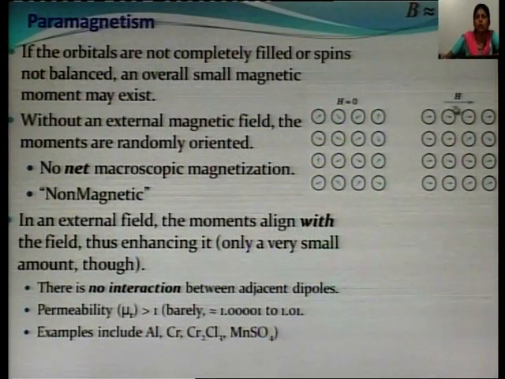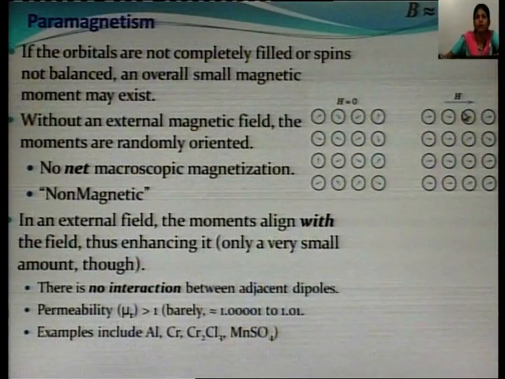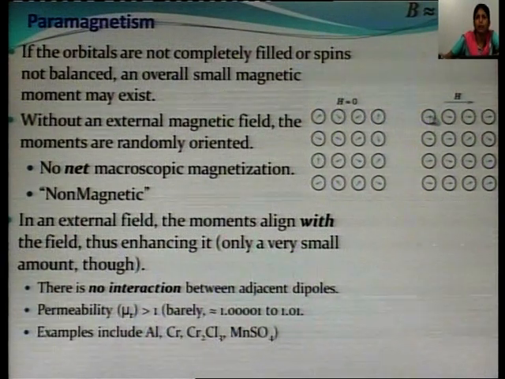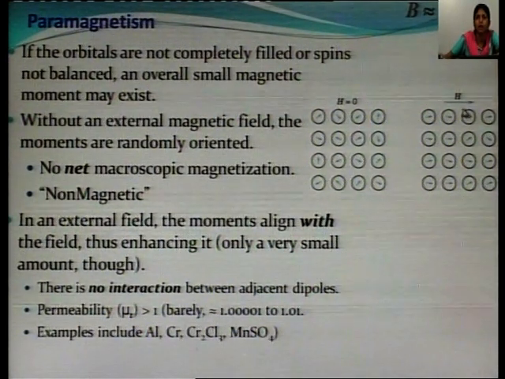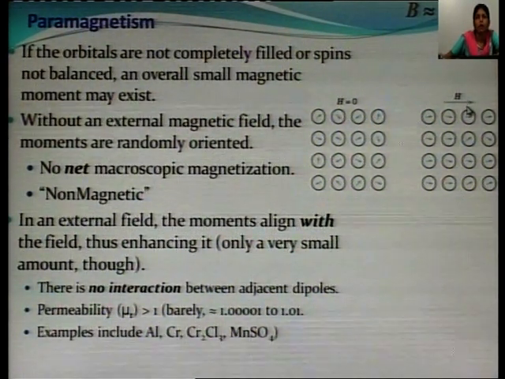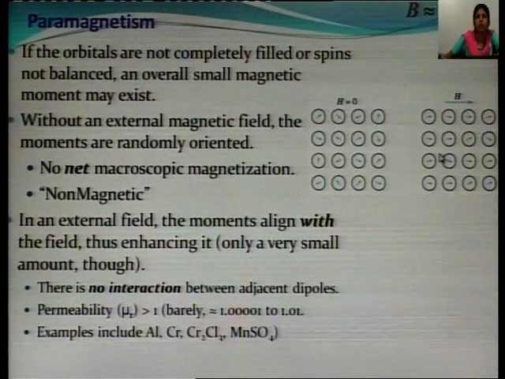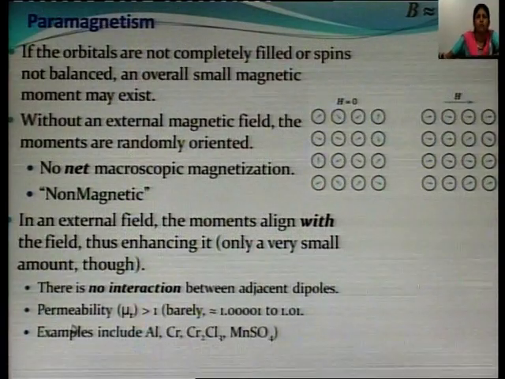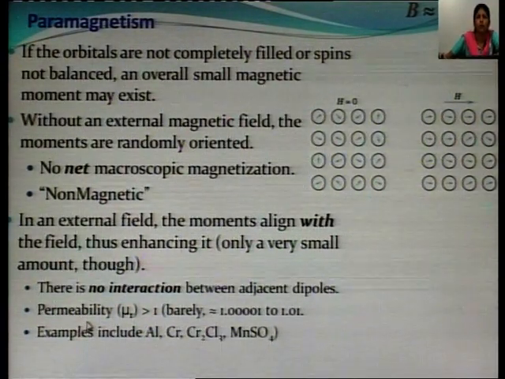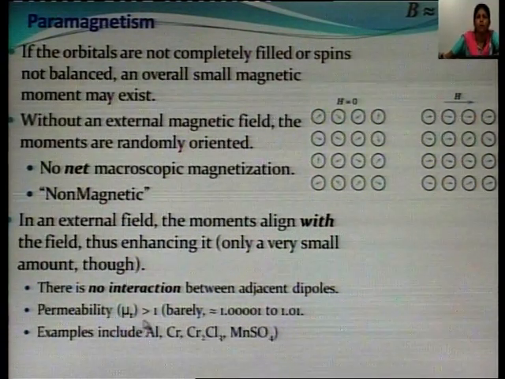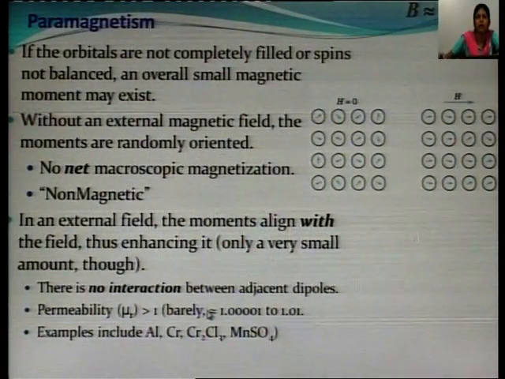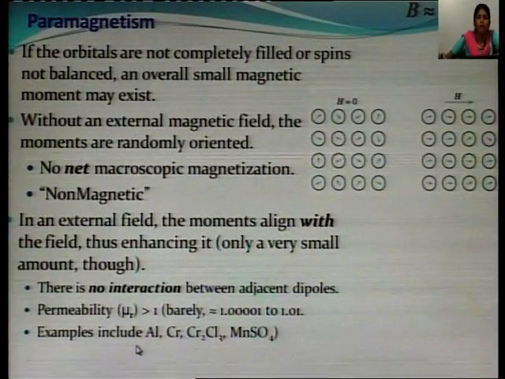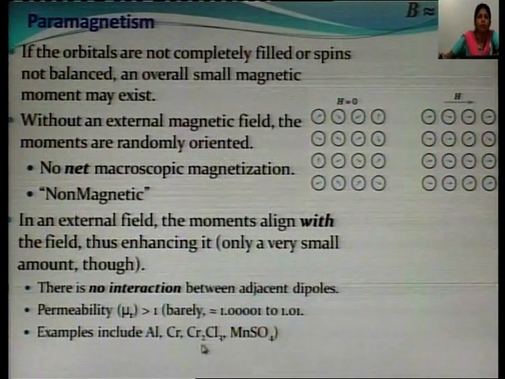So for these paramagnetic materials, permeability is slightly greater than 1, approximately 1.0001, and examples are aluminium, chromium, etc.